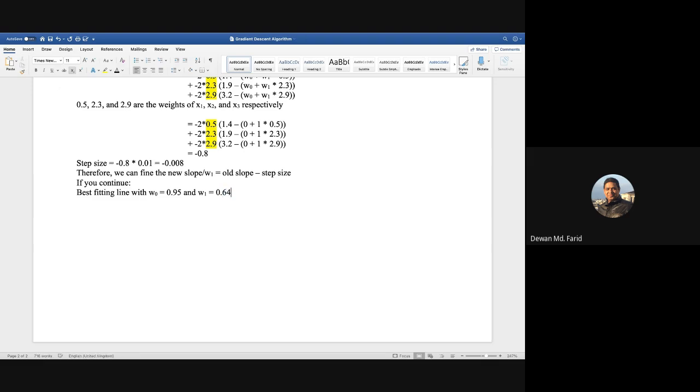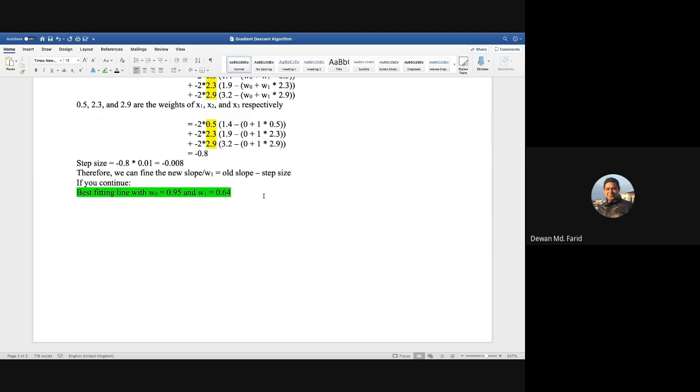Is it clear? So this is your best fitted line with the minimum error. Is it clear? Yes, sir.